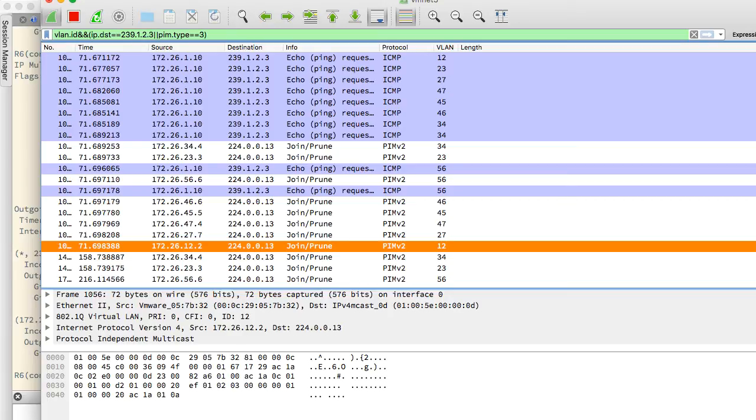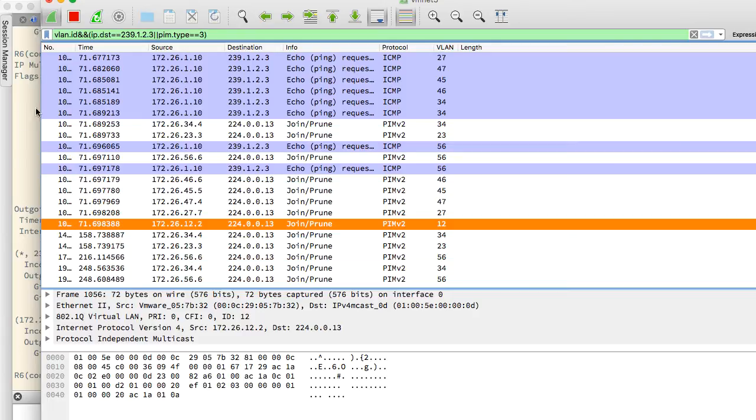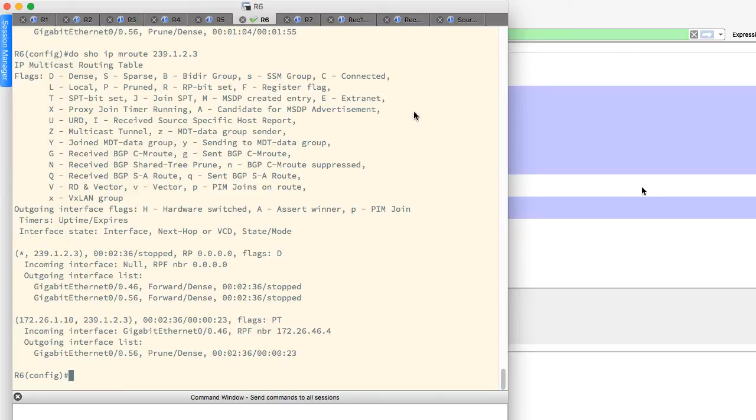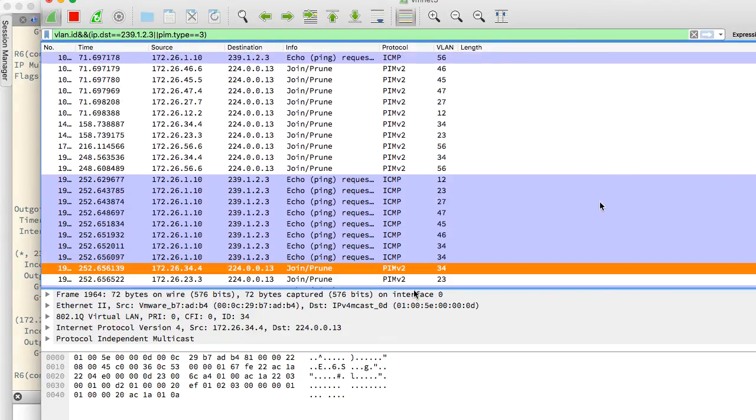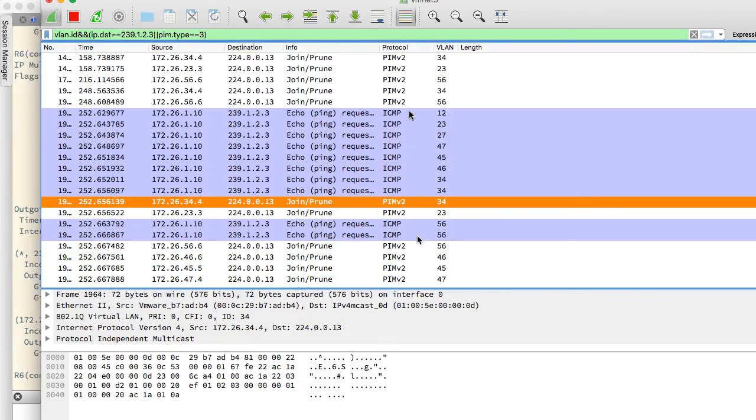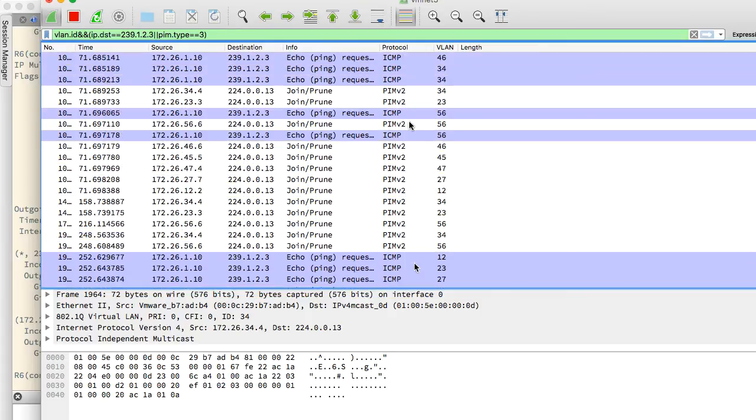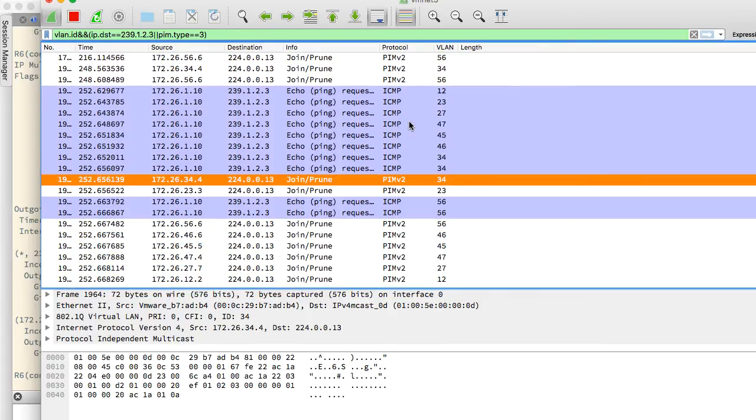So that flooding, depending on how much bandwidth the source is actually sending at, how many sources there are, is costly bandwidth that is going away to this flood and prune process all the time. So let me see. Well, here it comes. So here's another batch of the floods, and then it is pruned back again. So flooding, pruning, flooding, pruning.